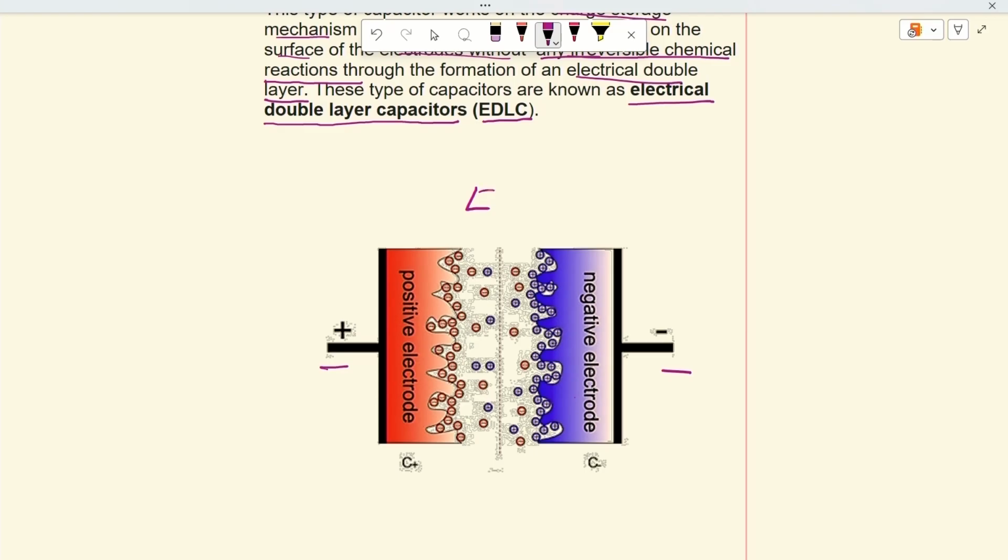On the other side, we have the negatively charged electrode with more of positive ions near it, and there forms an electrical double layer, and whenever required you can tap this energy, and this is how energy is stored in a supercapacitor or electrical double layer capacitor. There are no chemical reactions, only the polarization and attraction of opposite charges causes the formation of the electrical double layer.